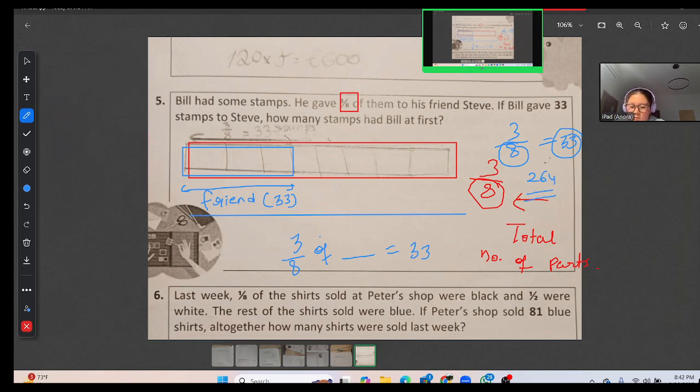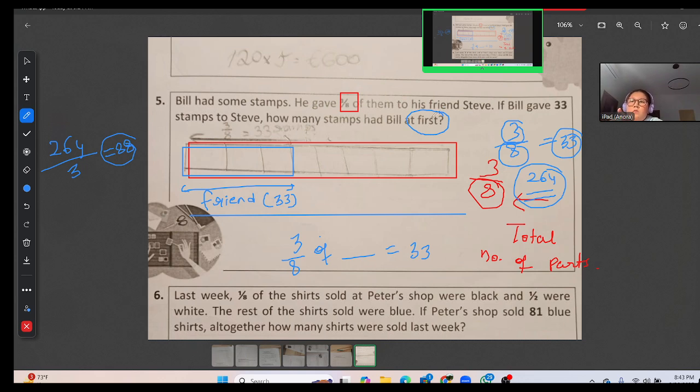Then you divide this 264 by the numerator. What is the numerator here? 3. So 264 divided by 3. Yeah, I think that's correct. You would get 88. So that means he had 88 at first.